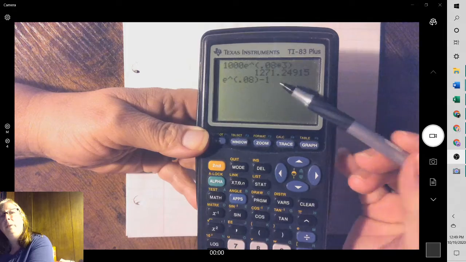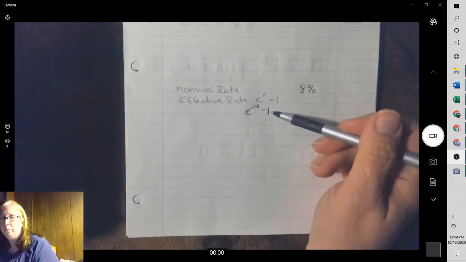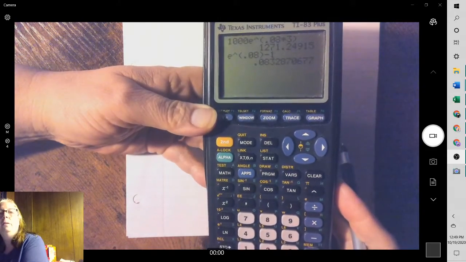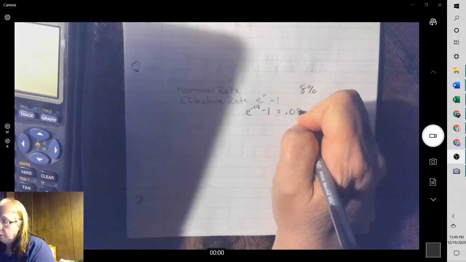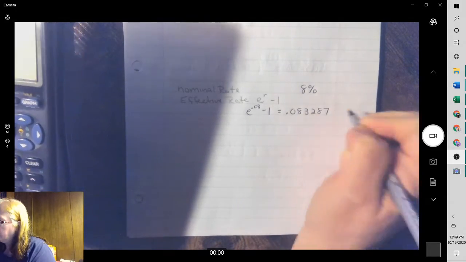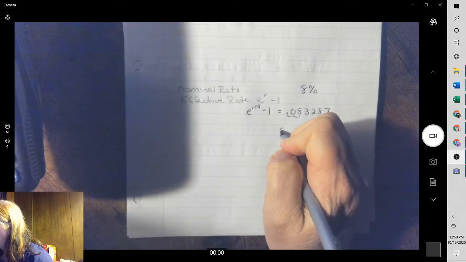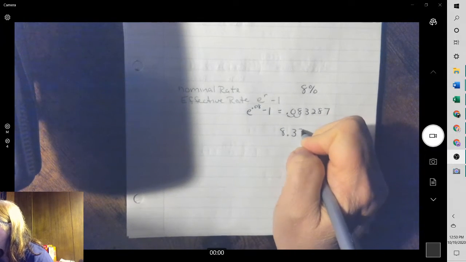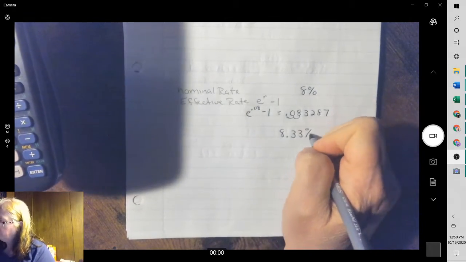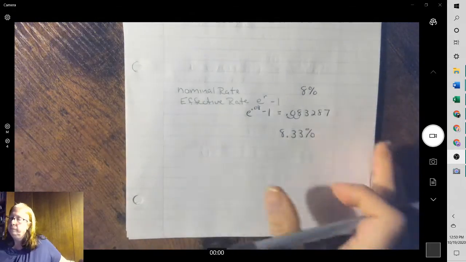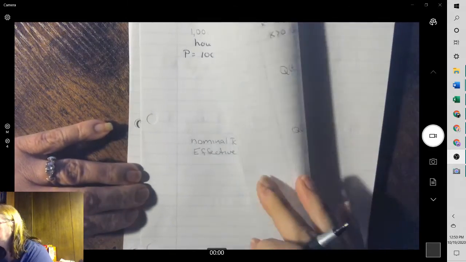It's down here. We hit enter, and we get 0.0833, and these will be close, and multiply it by 100 to make it a percent, and we get 8.33%. And so that's our compounding interest.